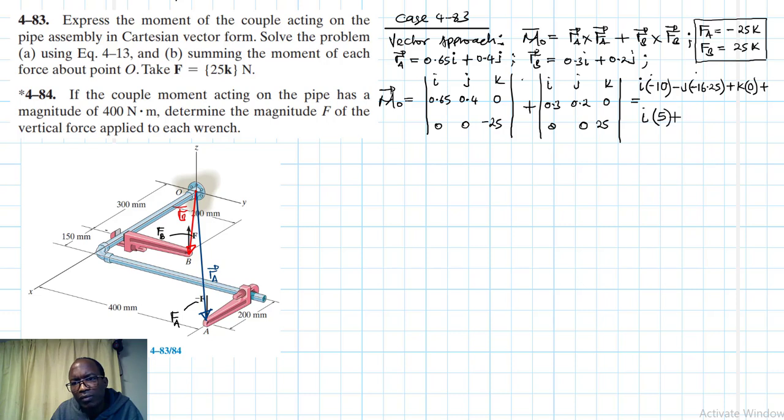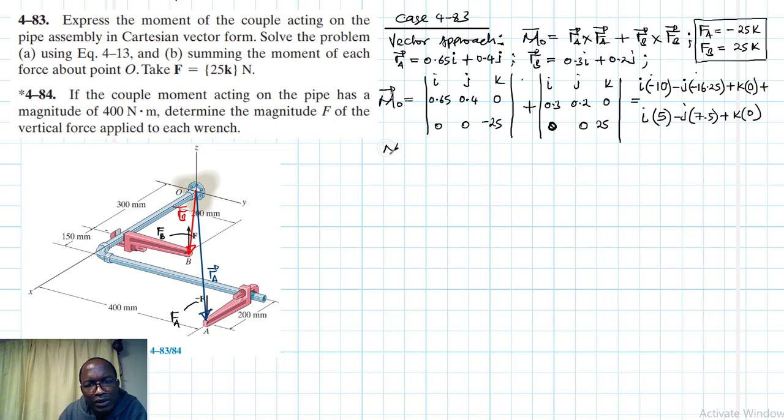And then we have minus j, that's 25 by 0.3, that is 7.5. Then plus k, that is just a 0.